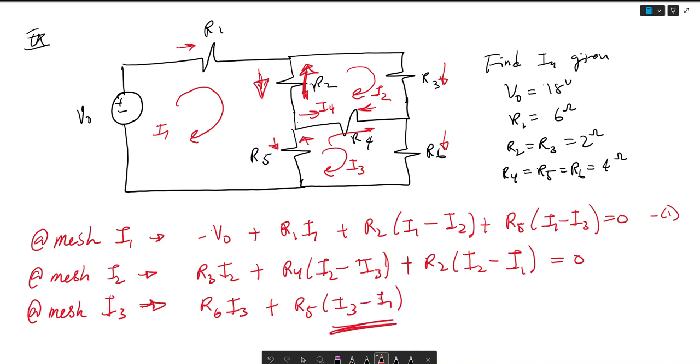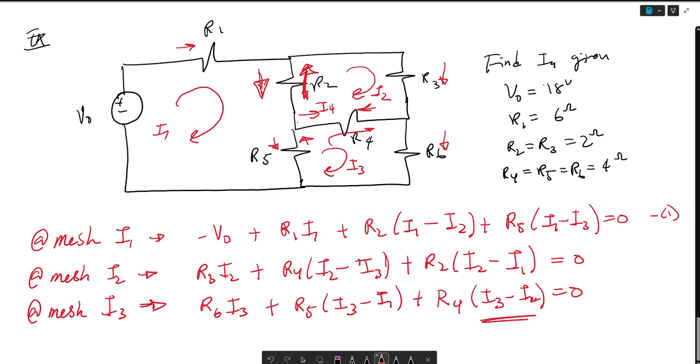I hope this makes sense why this is, plus R4 times I3 minus I2, which is equals to 0. Again, I hope this makes sense why this is, because just to be clear, I3 is going into I4 and it's being opposed by I2.